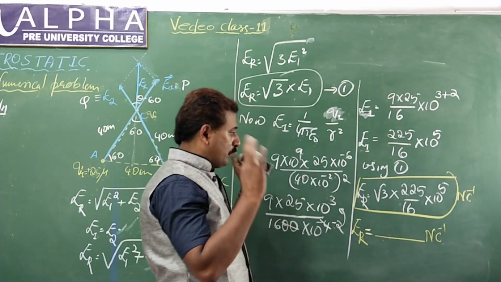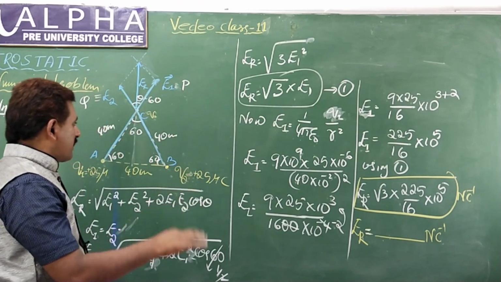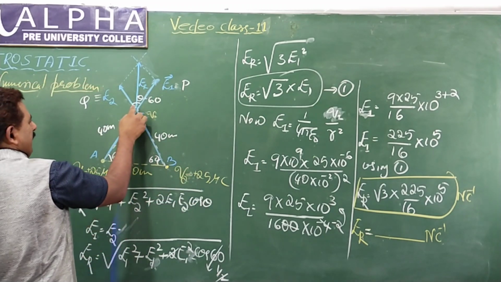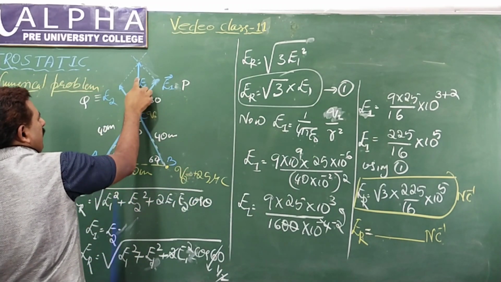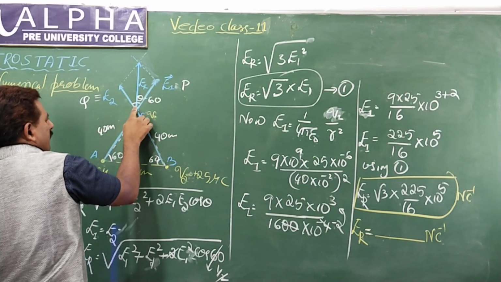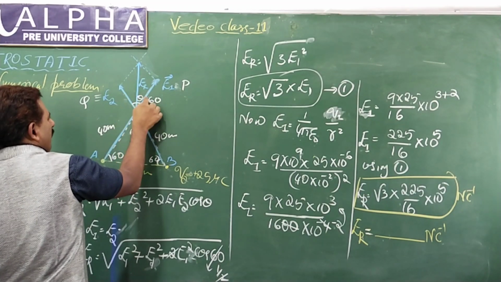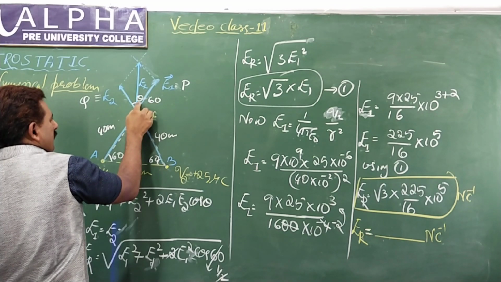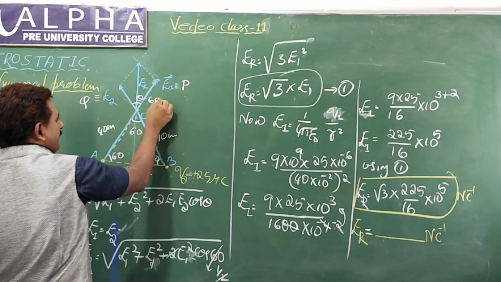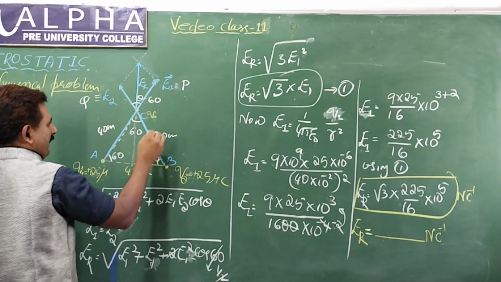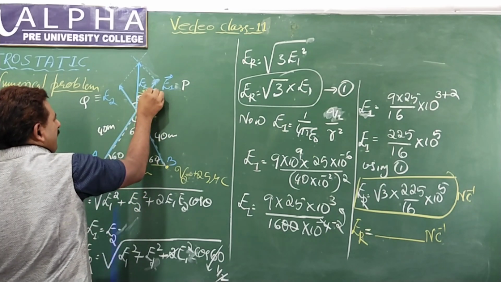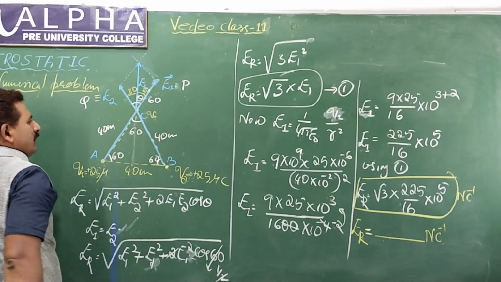This is the magnitude. What is the direction? How do you write the direction? The direction is shown here as a diagonal. Since these two values are equal, the diagonal bisects the angle. That's why the direction is exactly this angle 30, this angle 30.